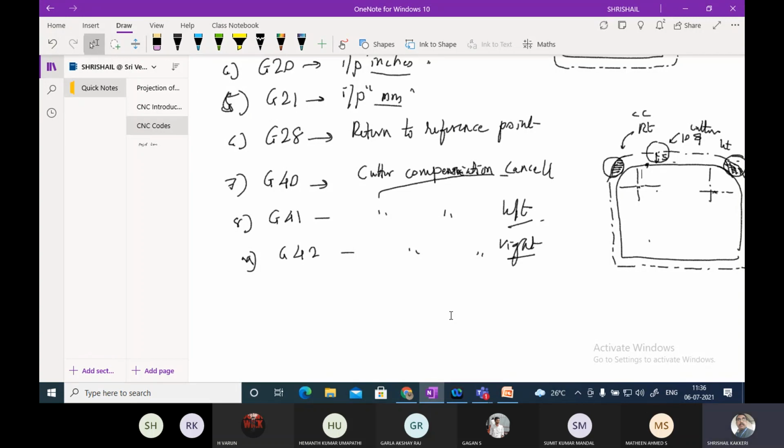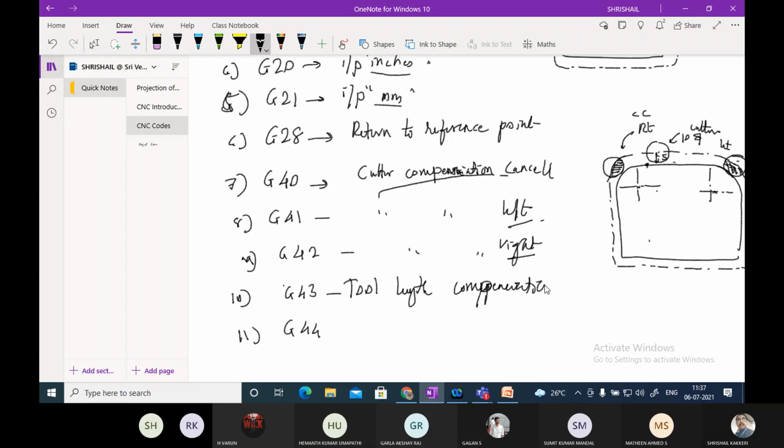And the next one, the tool length compensations. How will the tool length compensations be given? G43 and G44. It is tool length compensation in a positive way, and tool length compensation in a negative way.